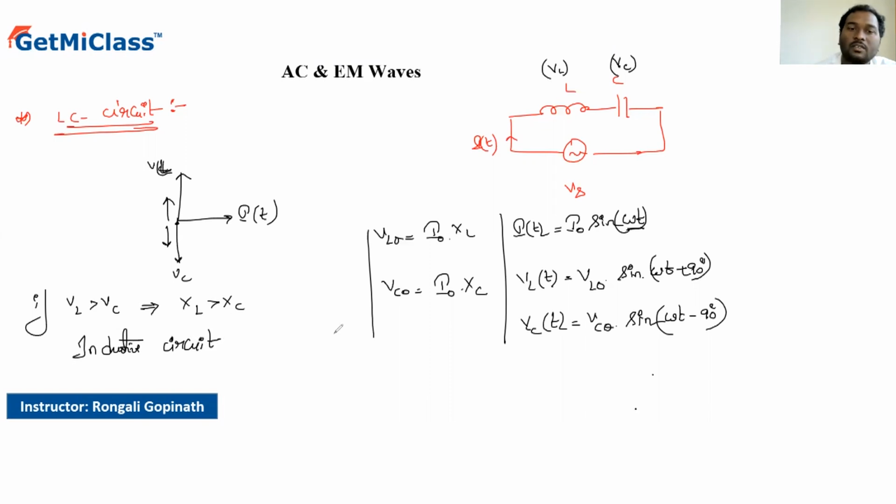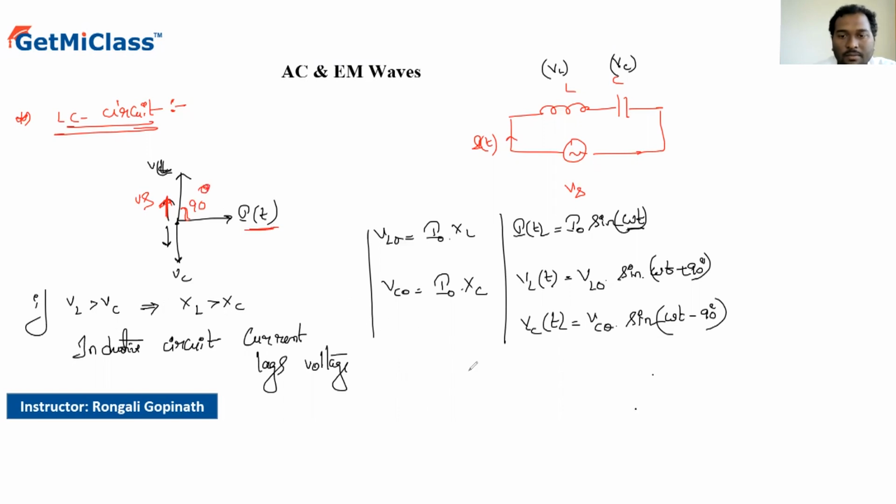If it is an inductive circuit, we can say that current lags voltage. Let's say if VL is greater than VC, then the net voltage would be like this, Vs, and this is the current. So it lags the voltage by 90 degrees.